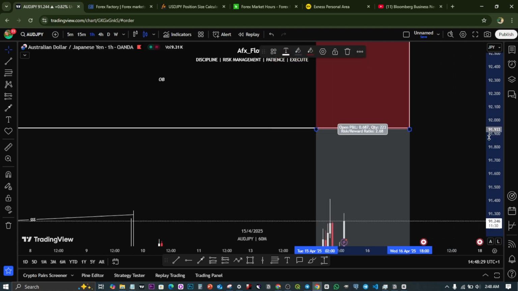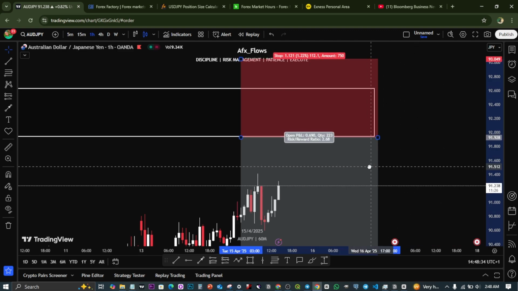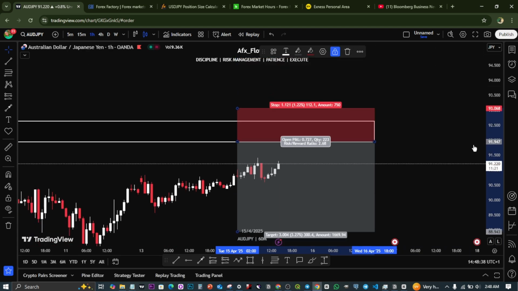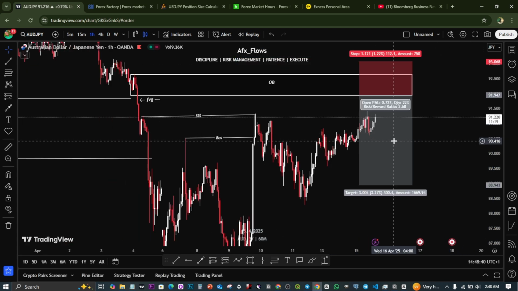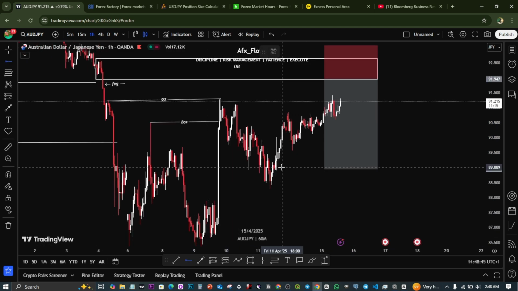So there's a simple top down analysis that will not take you more than an hour to analyze. I've mapped it out. This is where I want to exit my trade from.